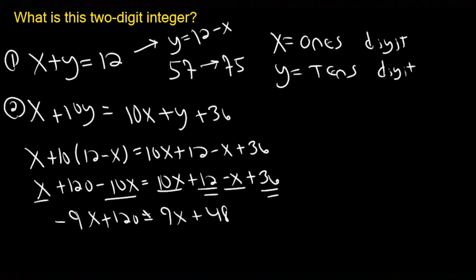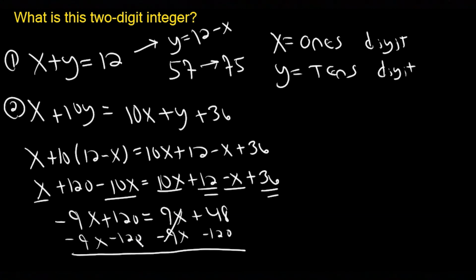Let's move the x variable over to the left-hand side and our constants over to the right-hand side and see what we get. So I do negative 9x here, negative 9x here. This will cancel. And then negative 120 and negative 120. This will cancel here.